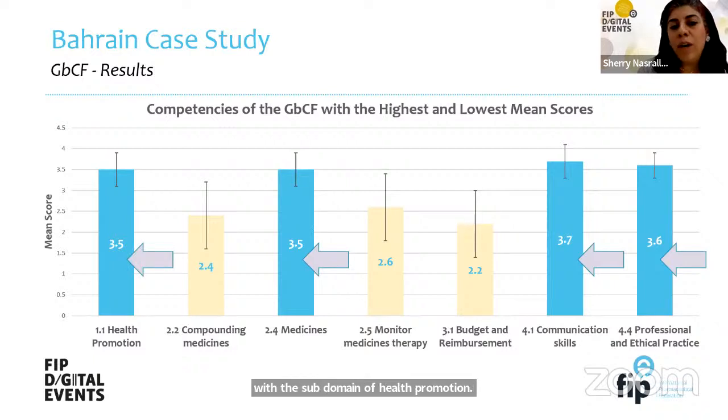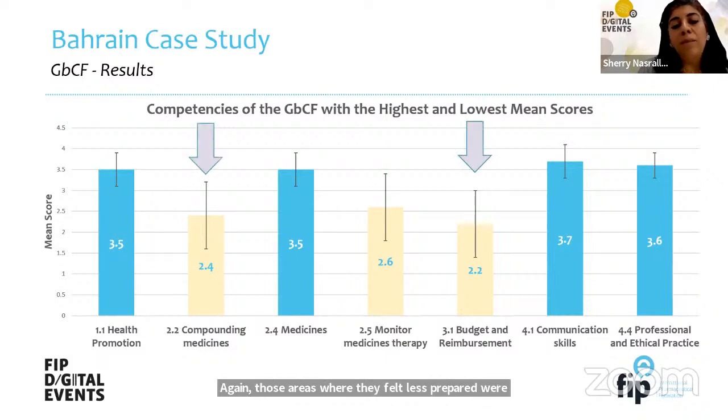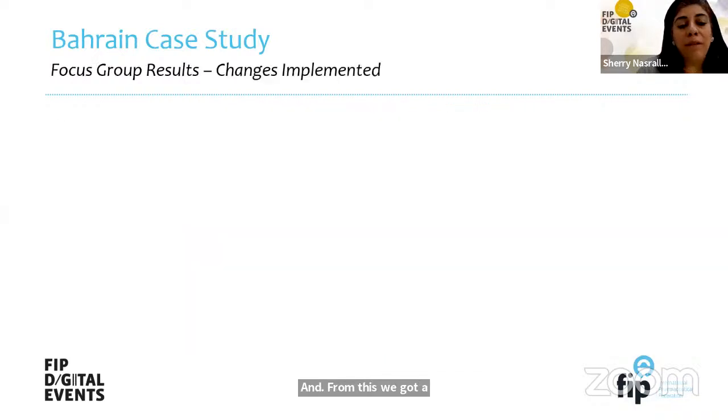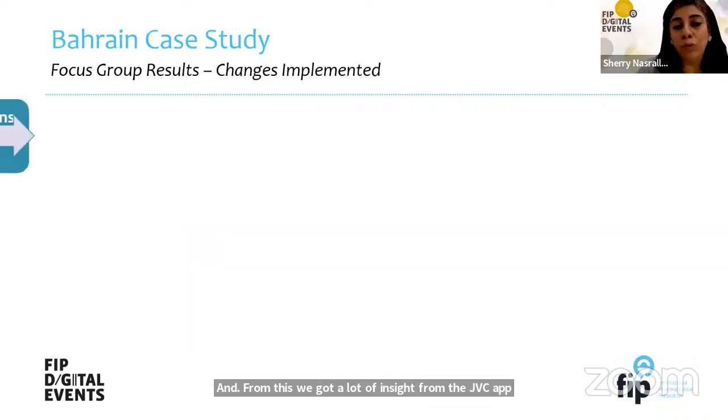Again, those areas where they felt less prepared were budget and reimbursement, compounding of medications, and monitoring of medicine therapy. And from this, we got a lot of insight from the GbCF as well as the focus group results.